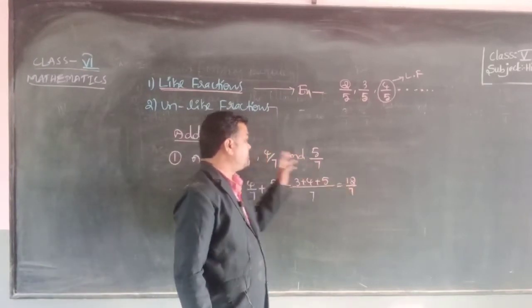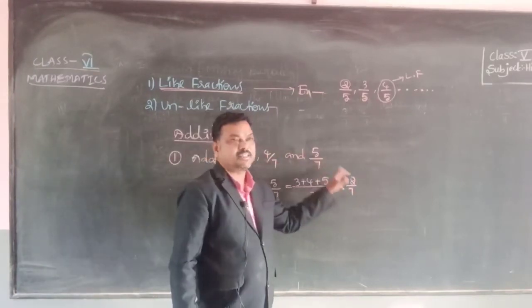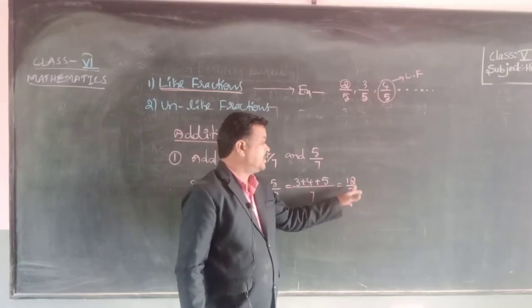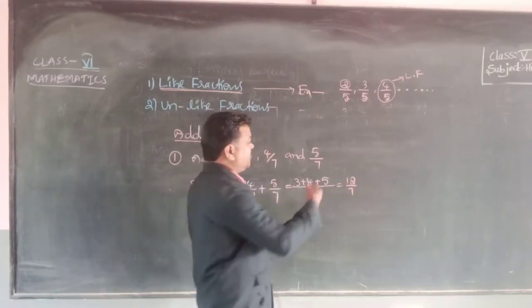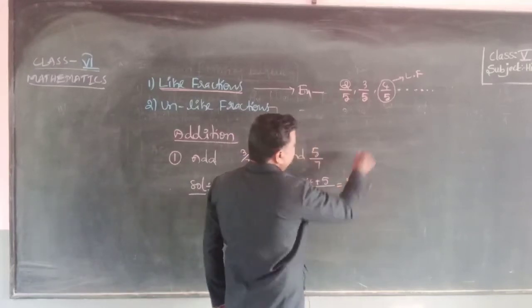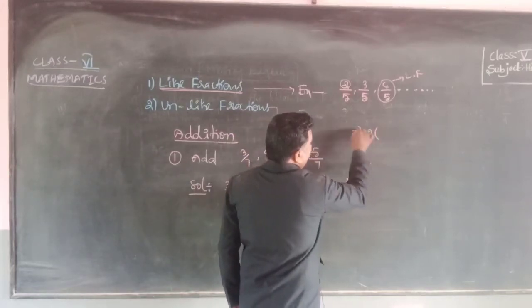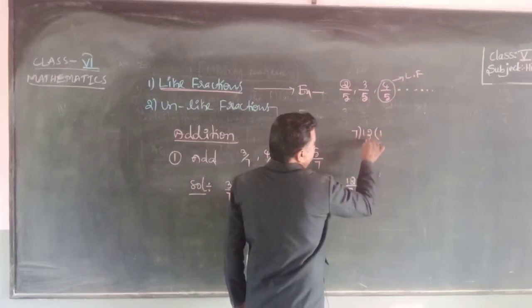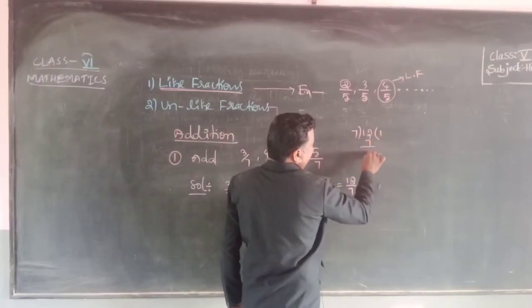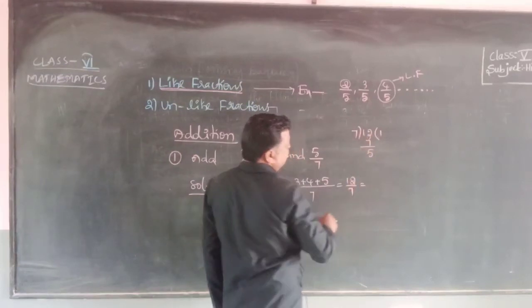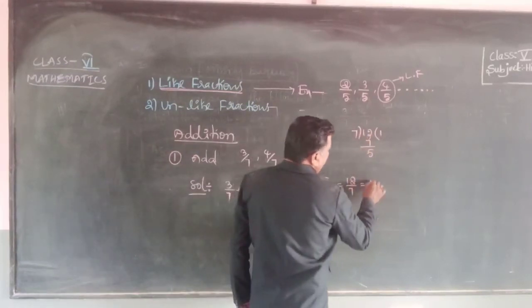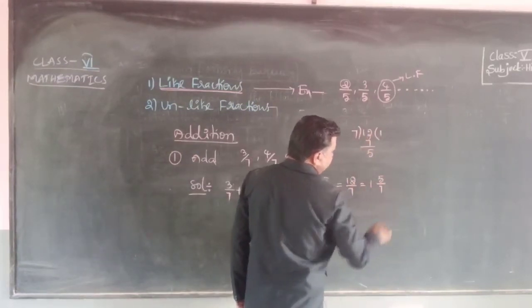The sum of these three like fractions is 12 by 7. This is an improper fraction. If the answer is asked as a mixed fraction, we have to change it. Divide 12 by 7: 7 ones are 7, and 5 is the remainder. So we can write this as 1 5 by 7.